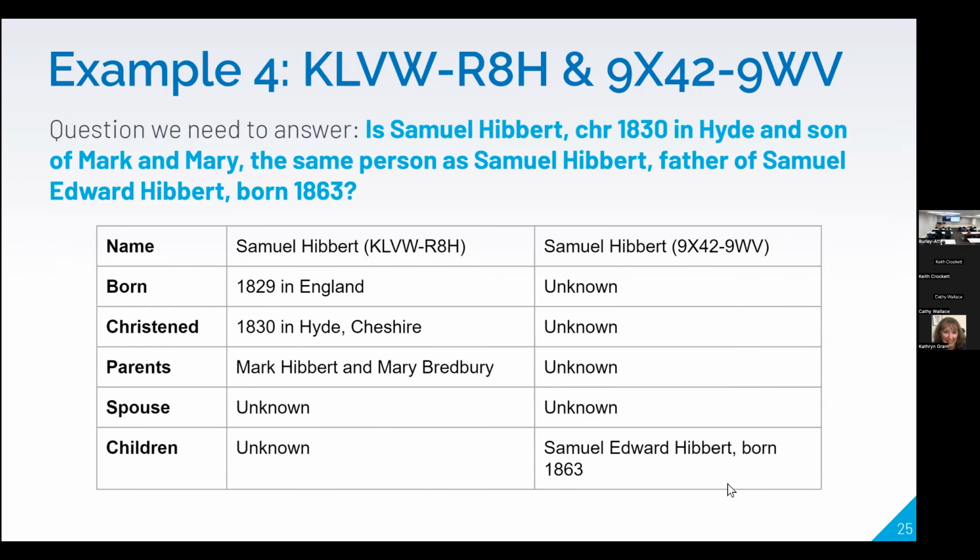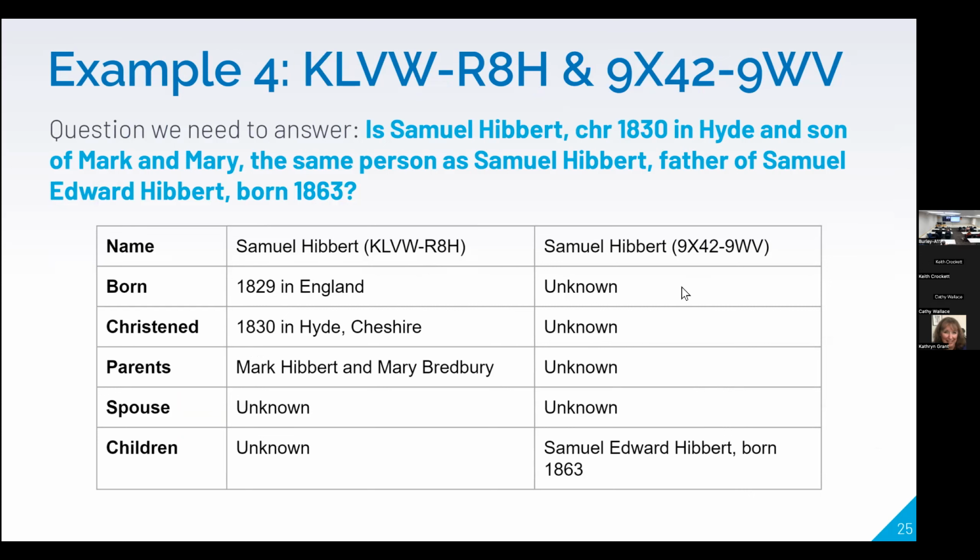I don't know about you, but I can't hold tons of information in my brain a lot of times, and I find it helpful to get things out on paper or into a digital document. So in this case, I'm going to compare what we know about these two guys. This is all stuff we've already looked at: he's born in 29, christened in 30, et cetera.